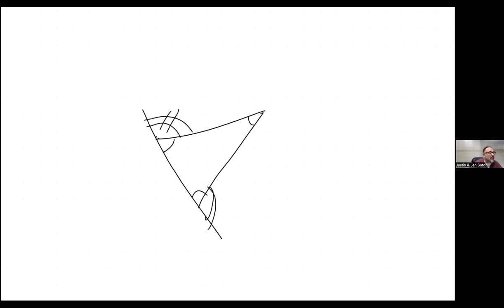So a triangle has exterior angles as well as interior angles. So the measure of an exterior angle of a triangle is equal to the sum of the two alternate interior angles. So anytime you have, again, something that looks like this.